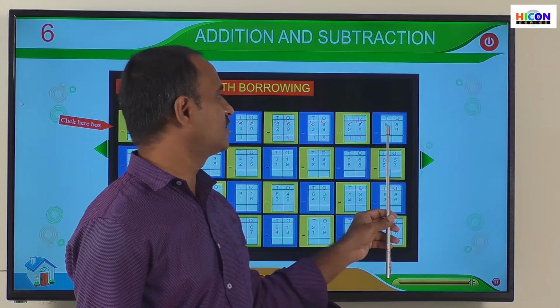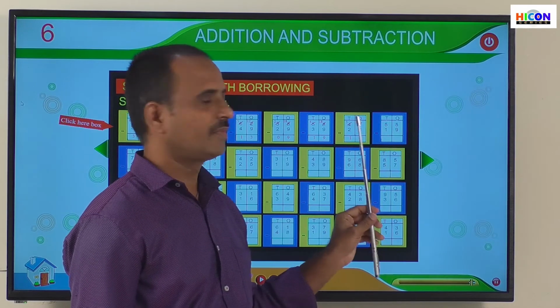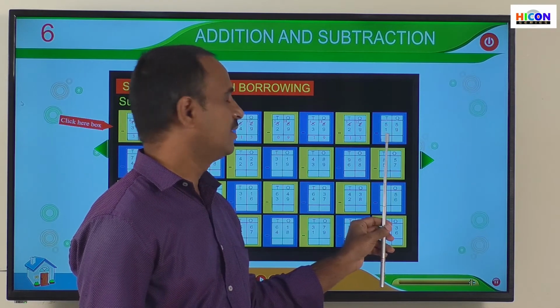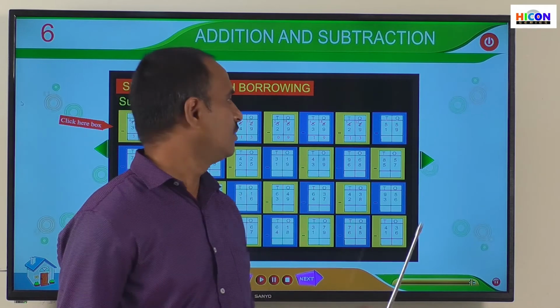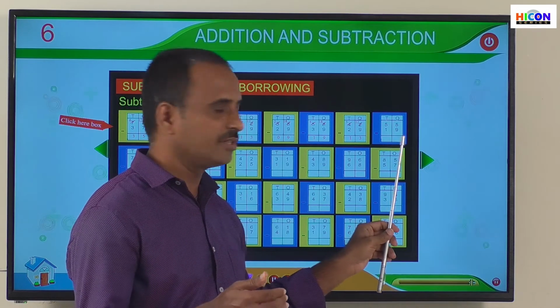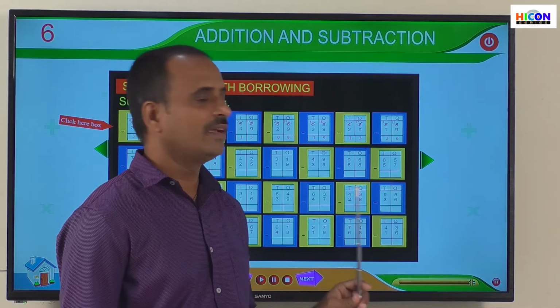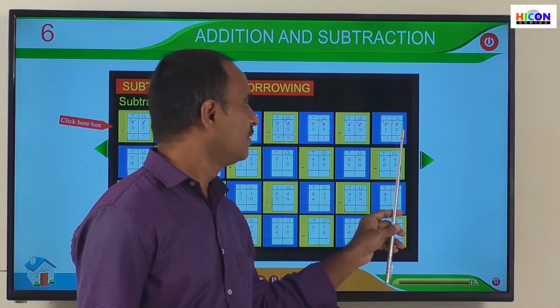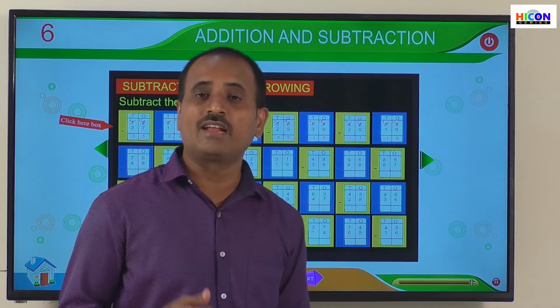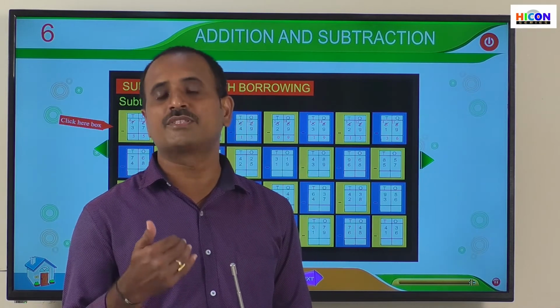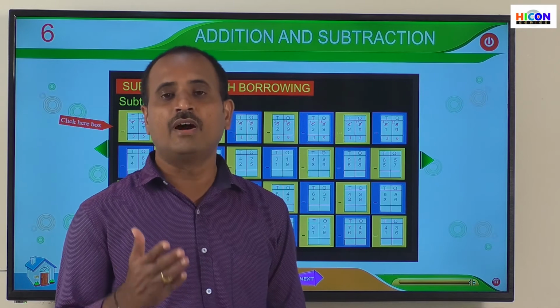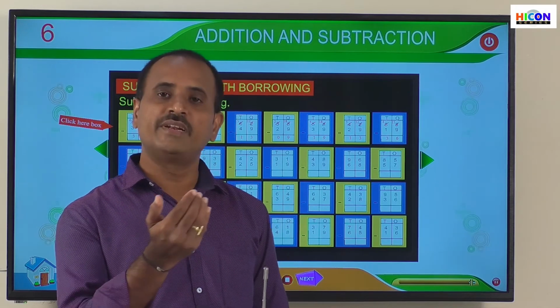So here, what is the first number? 55. And what is the second number? 19. So start subtraction from the ones place. What are the digits here? 5 and 9. And here 9 is the greater number, 5 is the smaller number, and we cannot subtract a greater number from a smaller number. That's why we have to borrow from the next place.